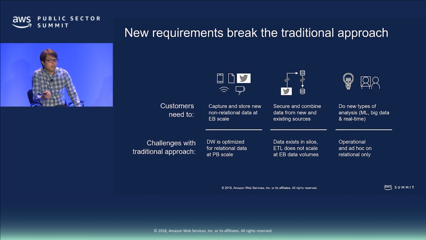No longer are we looking at data as something that just happens as a consequence of our business. It's something that is actually of value, and we want to combine that data with other data sources so we can get even more value out of it. And we also want to do new kinds of analyses on this data, so machine learning, big data analytics, real-time analytics. And the issue with data warehousing, right, is that it's not really optimized for these kinds of use cases.